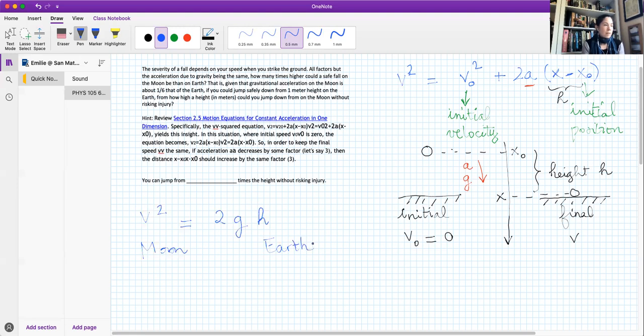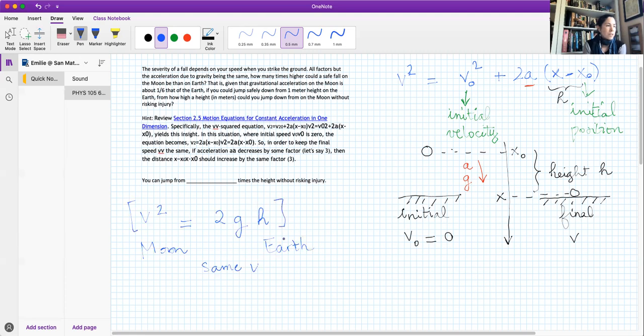Okay, so what are they going to have in common? We know that the severity of the fall depends on the speed. So we know that the speed before we hit the ground should be the same. So what is that variable? That was our V. So we're going to want the same V for these two situations. Okay, so V is given by my equation right here.